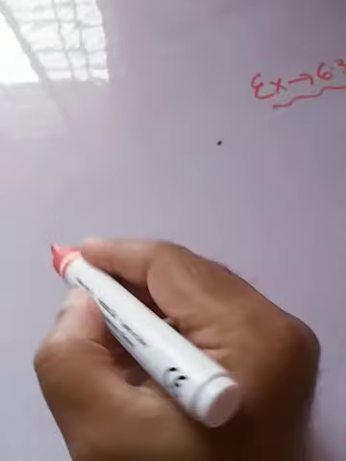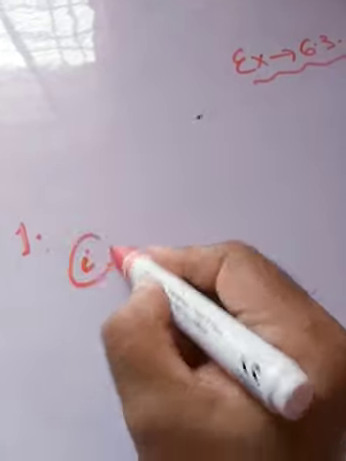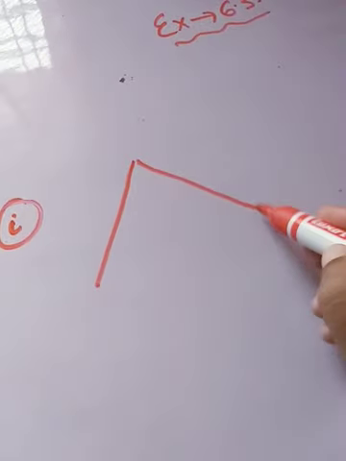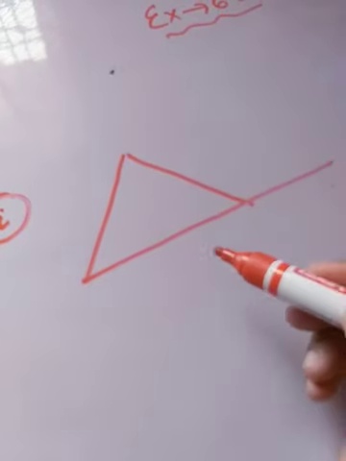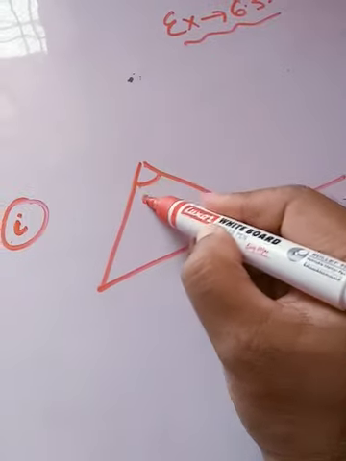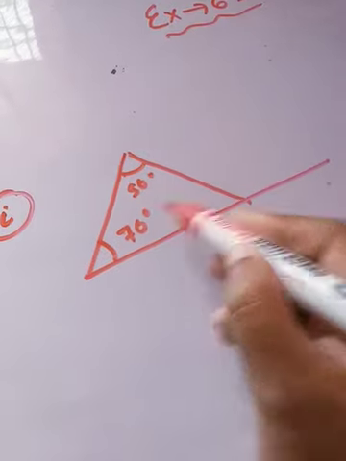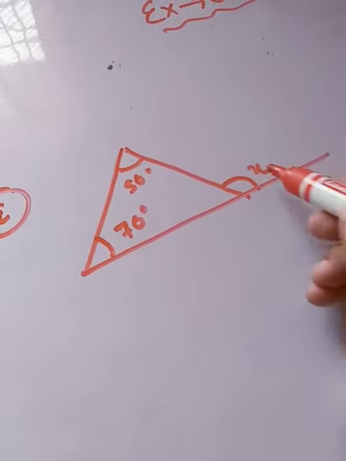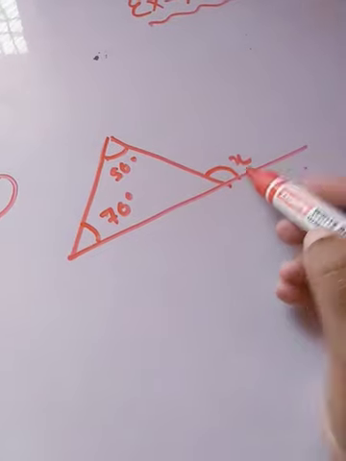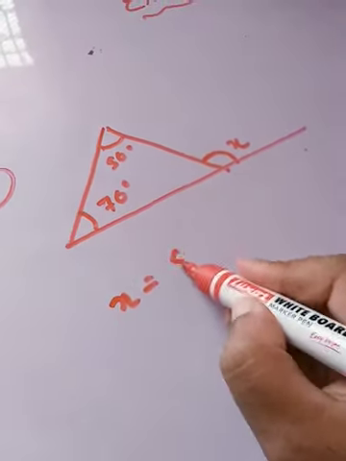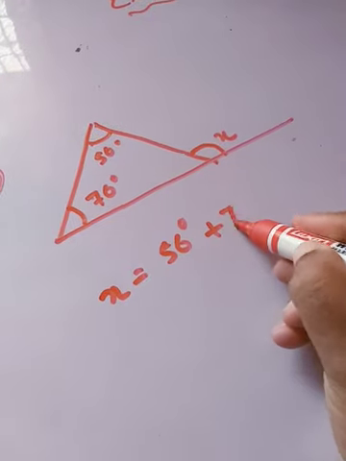Now the first sum, question number 1. Diagram is like this. Now this angle is given 50 degrees, this angle is given 70 degrees, and this angle is given x. So you have to find x. Now x is an exterior angle, so x will be what? x is equal to 50 degrees plus 70 degrees.